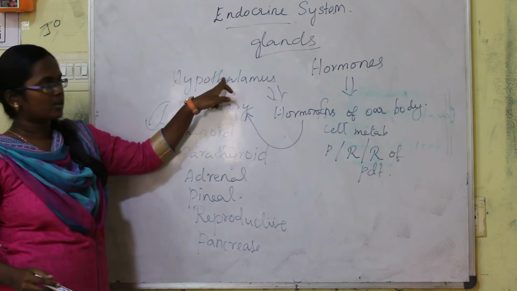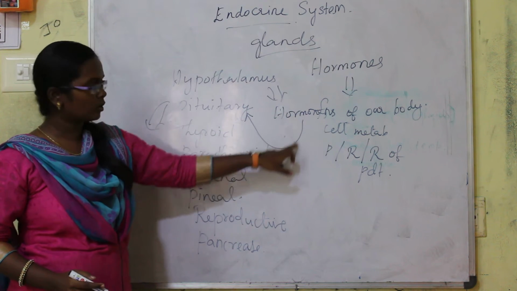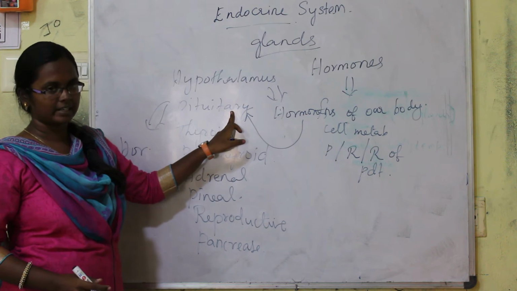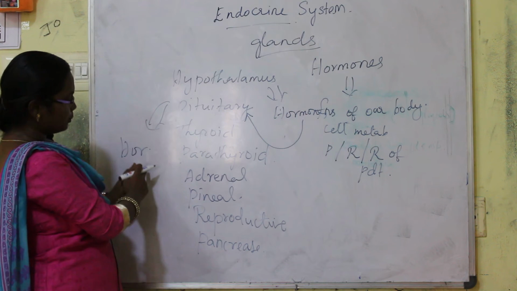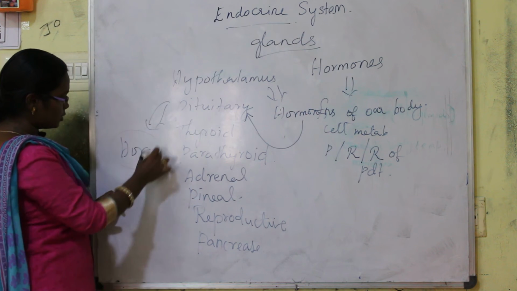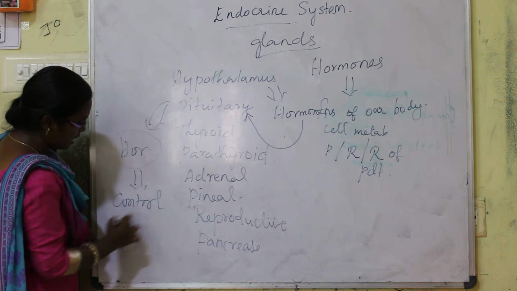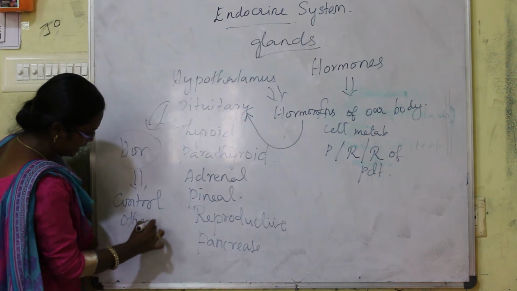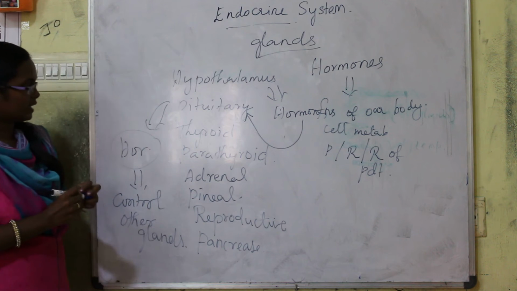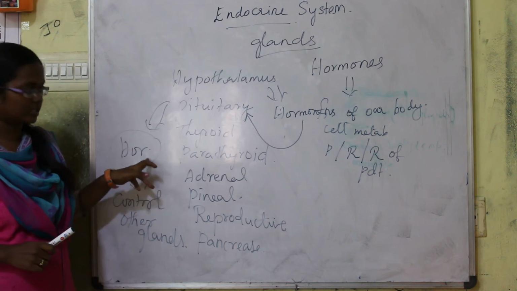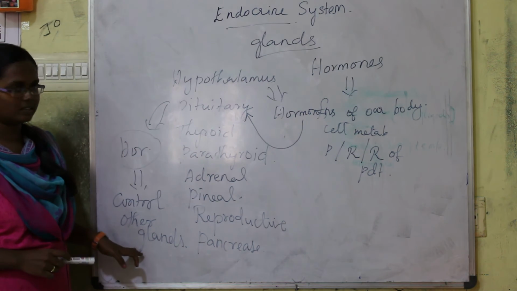These hormones control the other glands. So the pituitary gland produces hormones that control the hormone secretion of other glands.